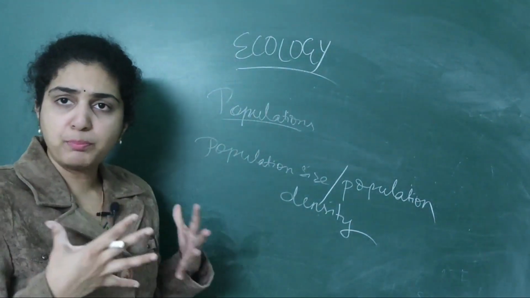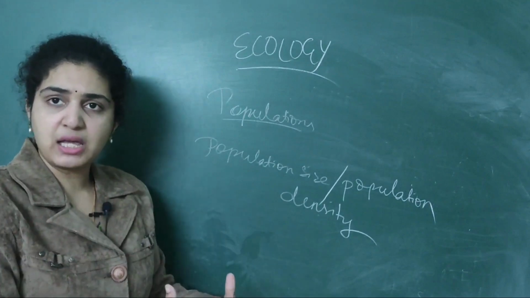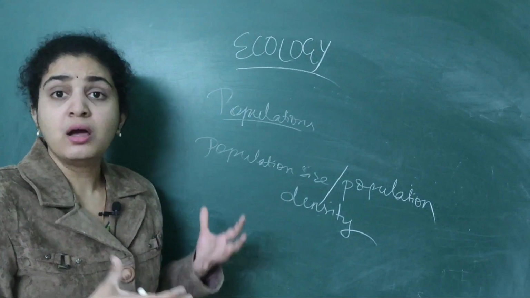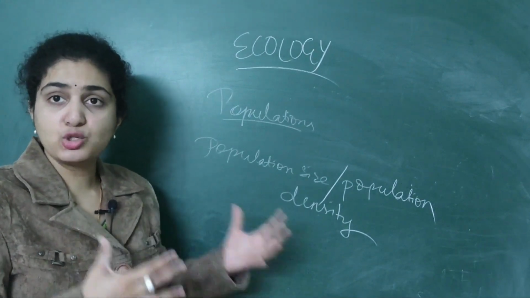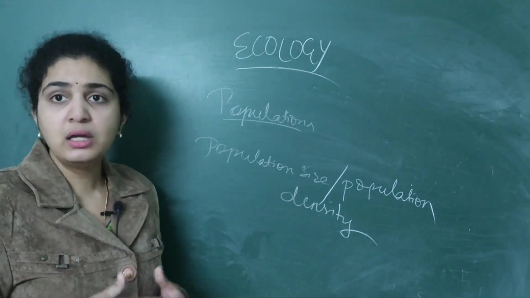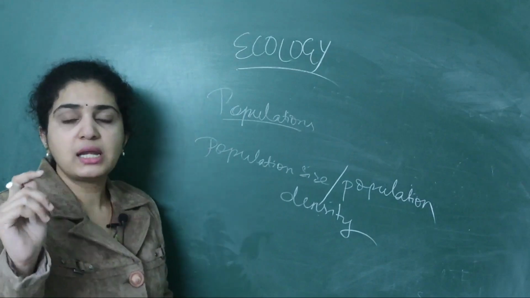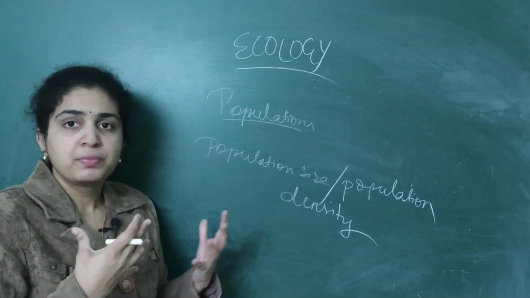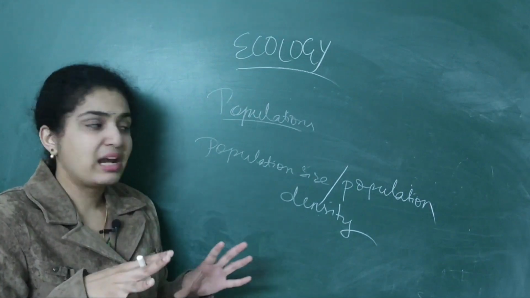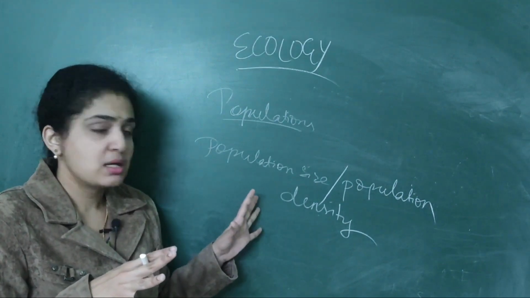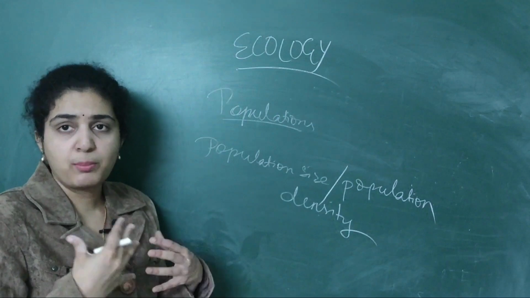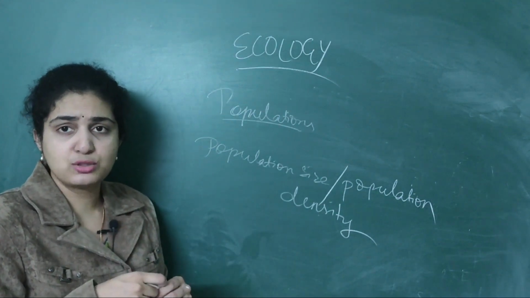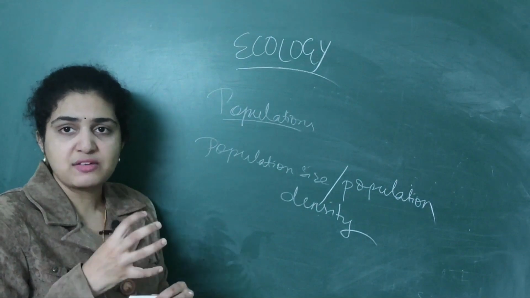It means how much population is present in a specific area, how many are present, how you will measure by this population size or population density only. You are able to count the number of individuals which are present, and that is called population size or population density. So like that you are able to tell about a specific population.